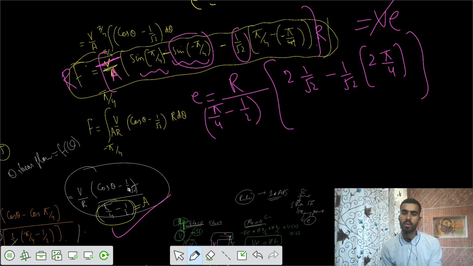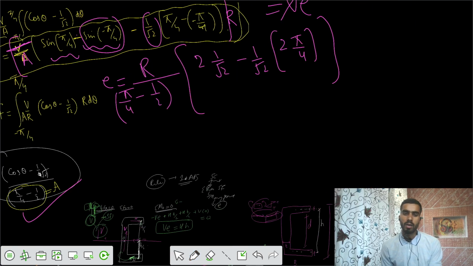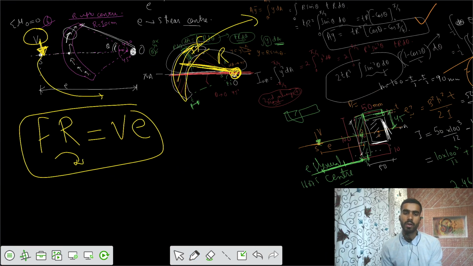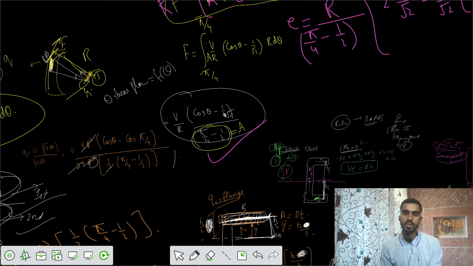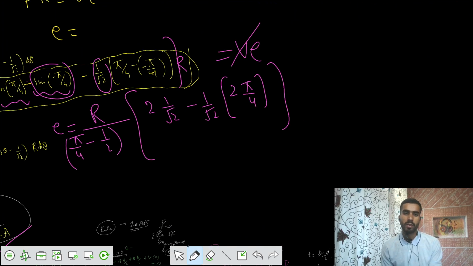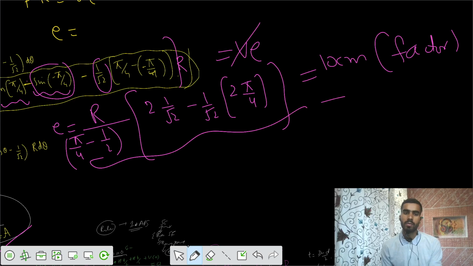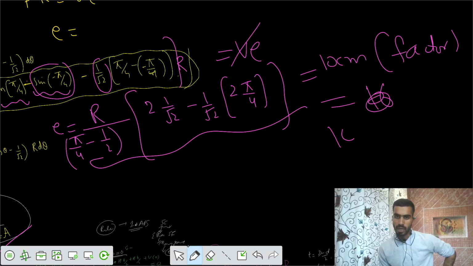So we got this value, and we know the value of R is equal to 10 centimeter. You substitute R equals 10 centimeter into this factor. So finally you calculate the value of E.